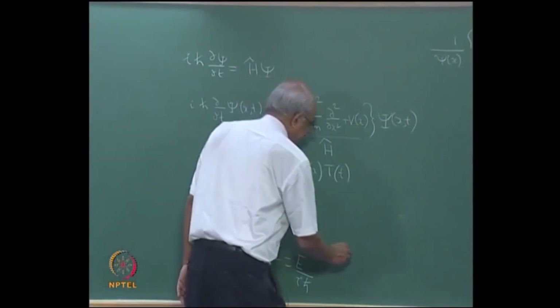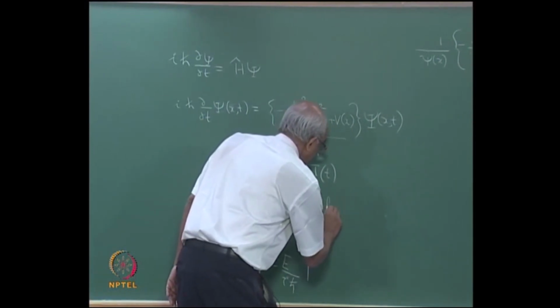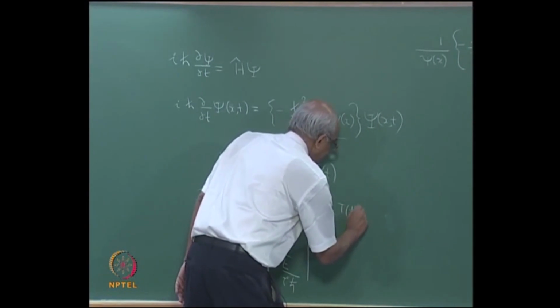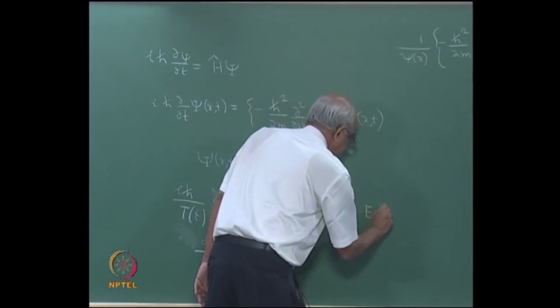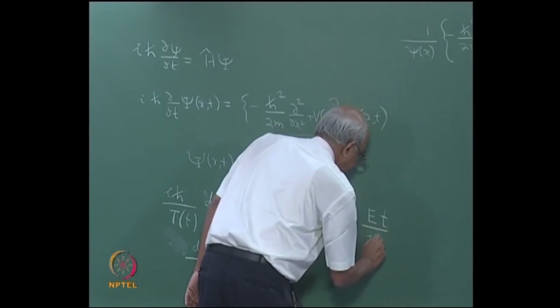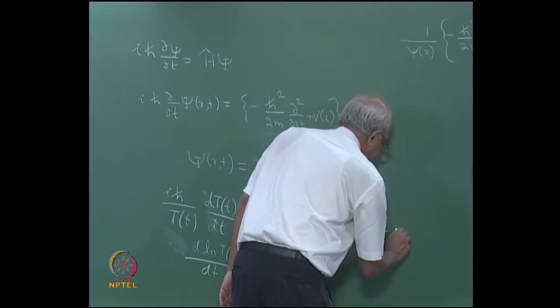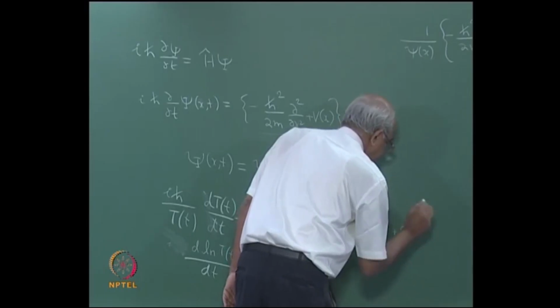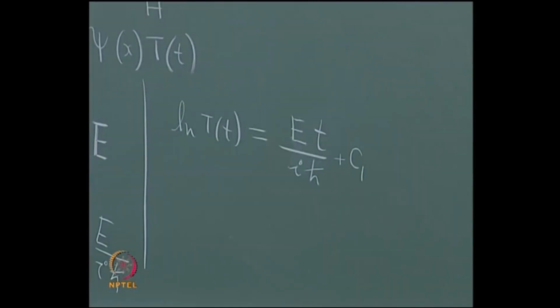If you integrate it, you are going to get ln T of t is equal to E t divided by i h cross plus a constant of integration. That is what happens.